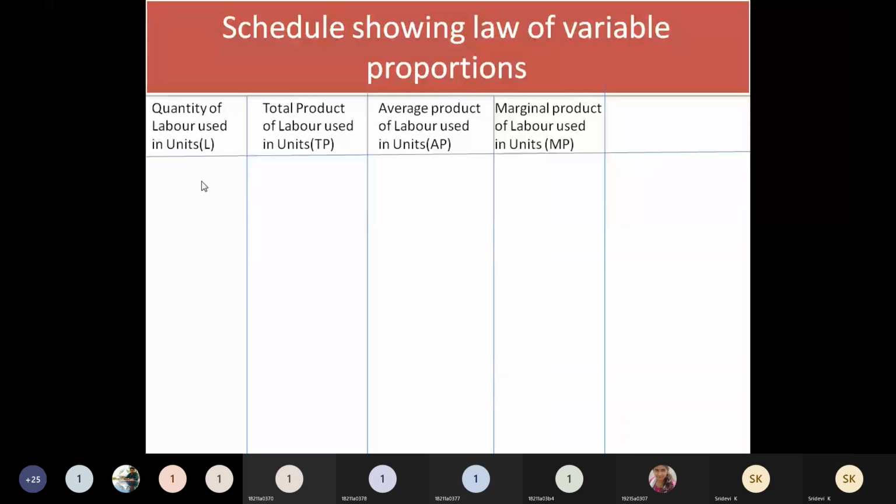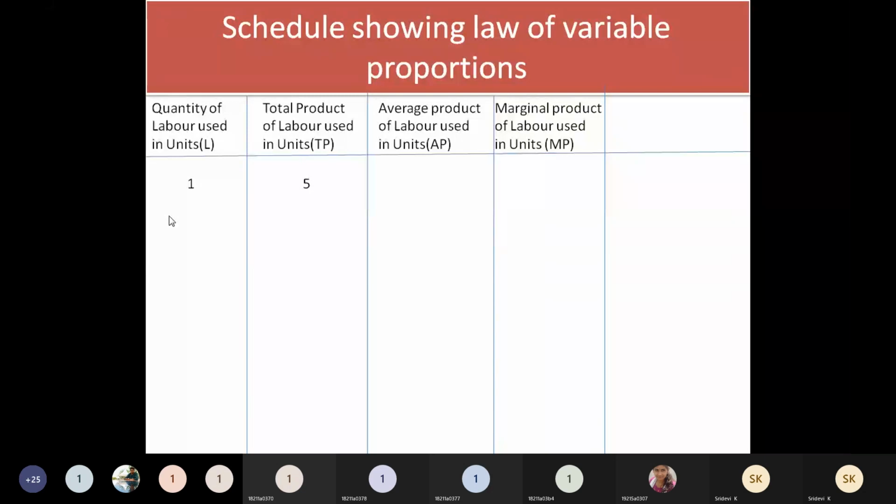Like that, slowly, if he continuously consumes the product, his satisfaction will reduce from one product to the other. In the same manner here, if you increase the labors one by one, the output will also increase, but the margin will be reducing. This is due to some reasons. What those reasons are, we will see later.